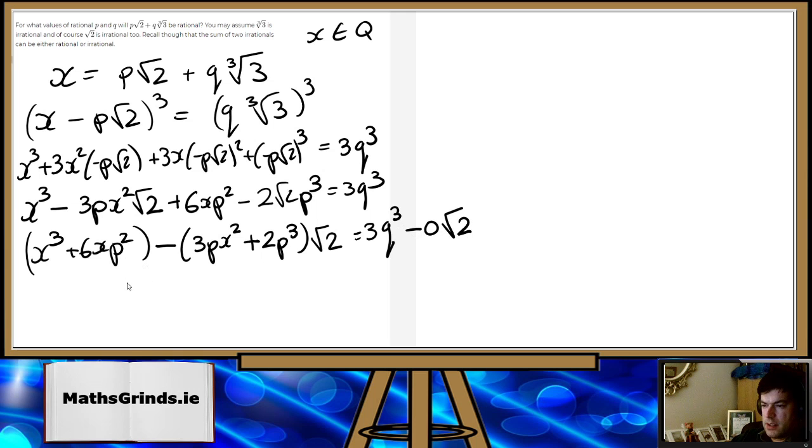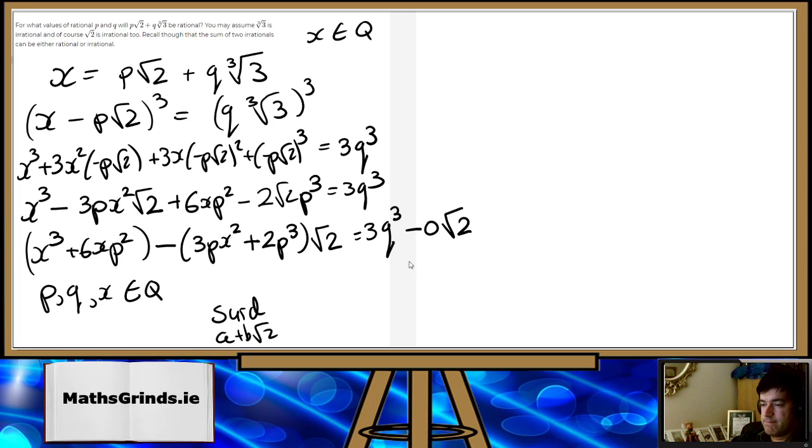So recall that p, q, and x are rational. So the left-hand side is a surd, like something like a plus b root 2.